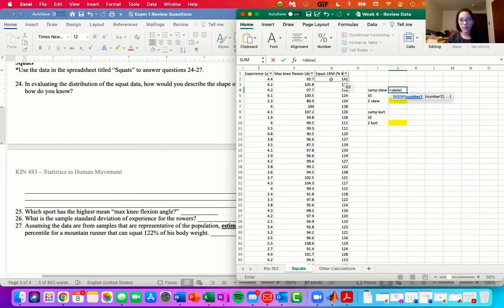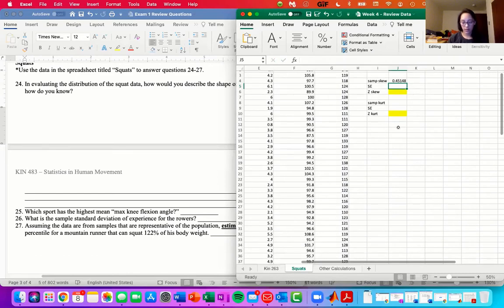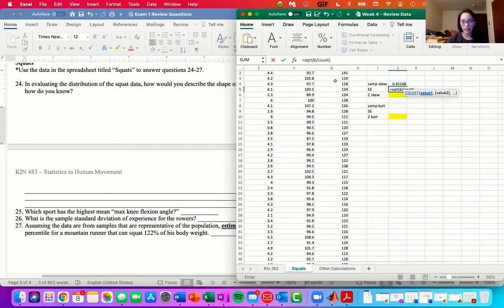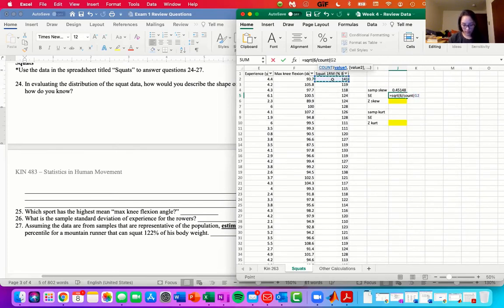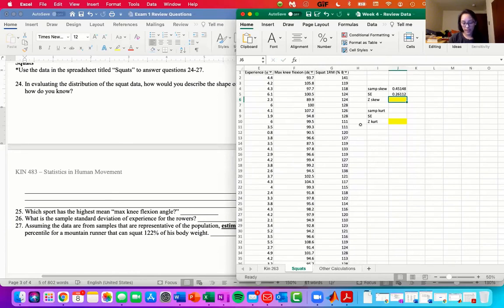So similar procedures to what we've used before, we're looking at squat data. I'm going to do my sample skewness, find the standard error, which is the square root of 6 divided by the sample size. And then my z-skew is the sample skewness divided by the standard error.